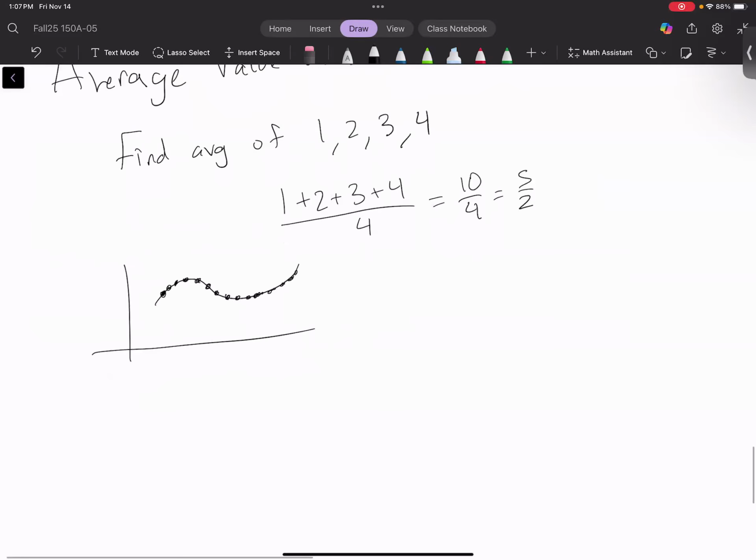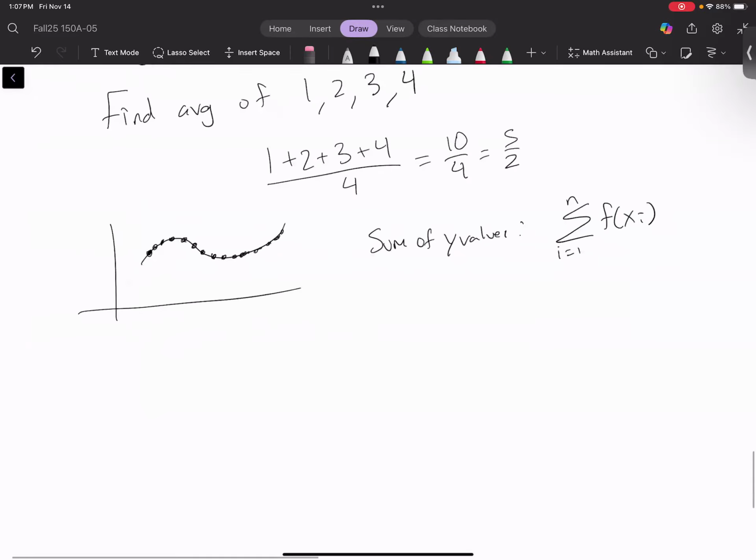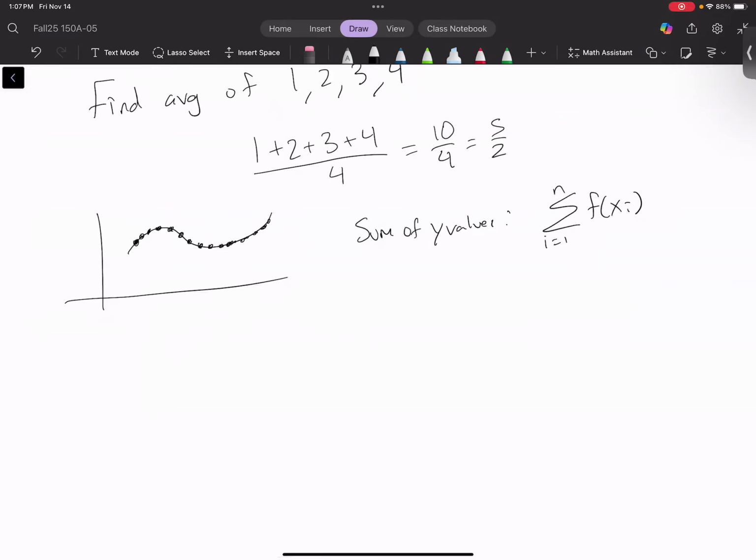However, what we can do is approximate it, right? So if we're looking at the sum of y values, that's the sum from i equals 1 to n of f of x i, right? So we're doing an approximation.